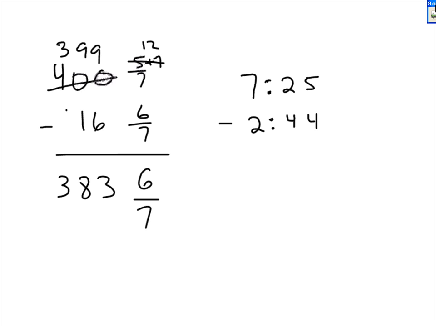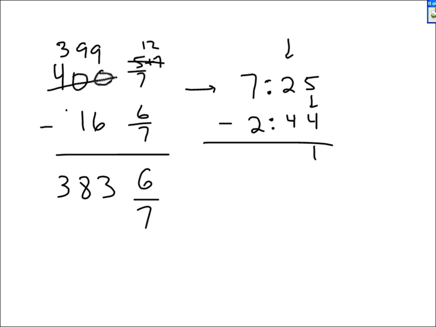You look at the clock, it says 7 hours and 25 minutes, and you want to know what time it was 2 hours and 44 minutes ago. Well, you can do 7 minus 4... But you can't do 2 minus 4.